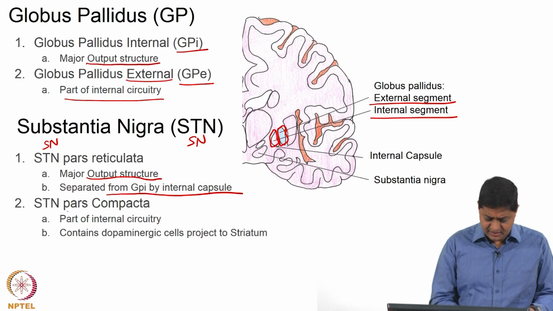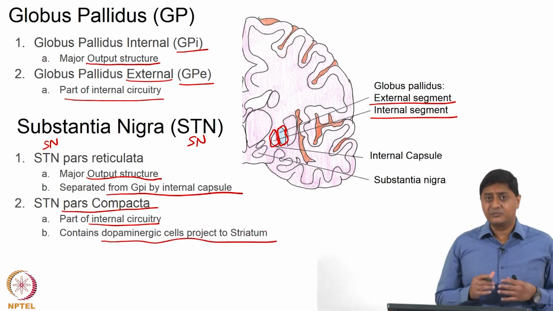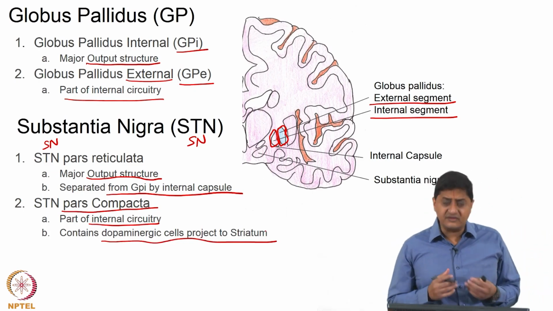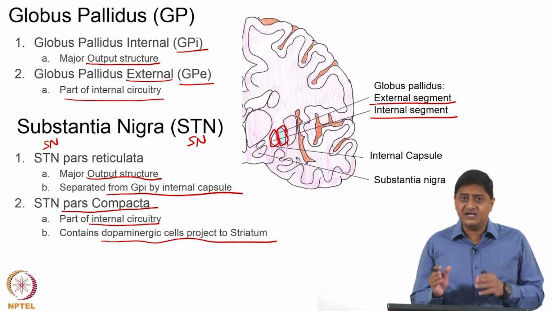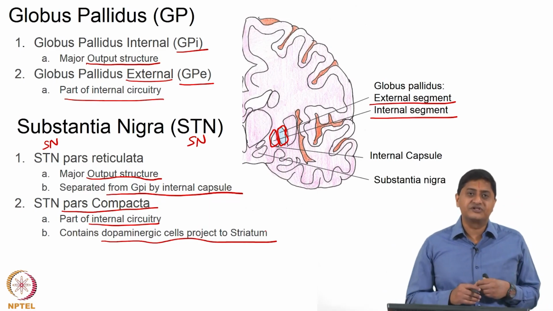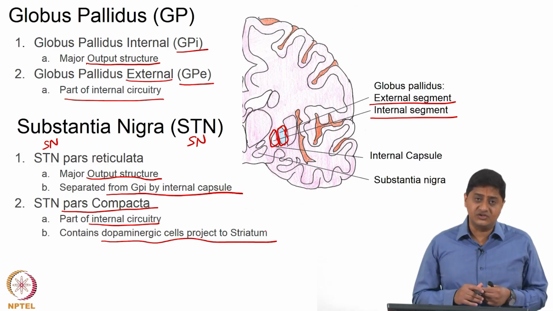Whereas substantia nigra pars compacta forms part of the internal circuitry and contains very important dopaminergic neurons that project to striatum. What is the function of these dopaminergic neurons? We will see in a future class. We will dedicate one entire class to the function of dopamine and several classes to dopamine related dysfunction.